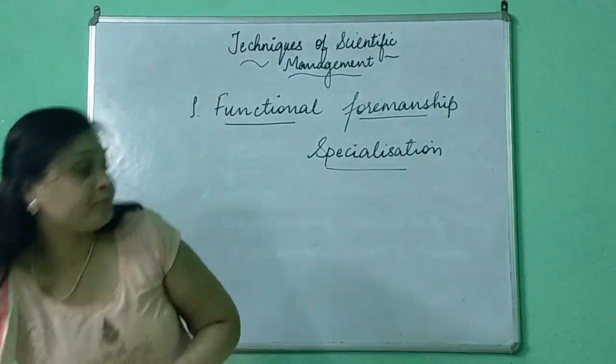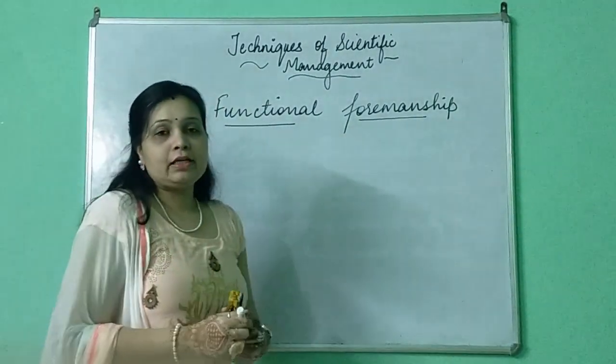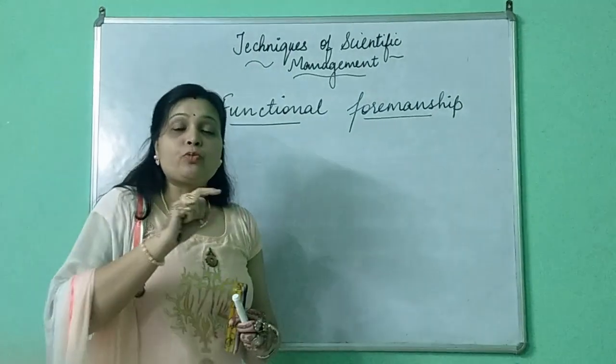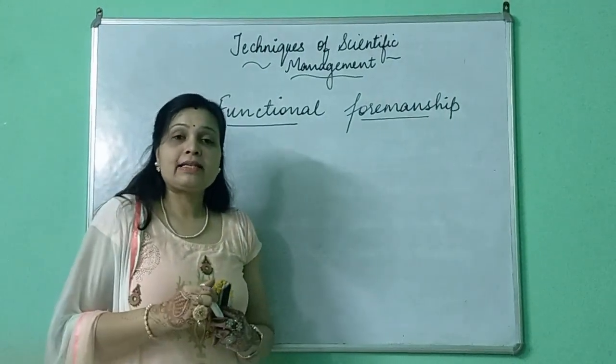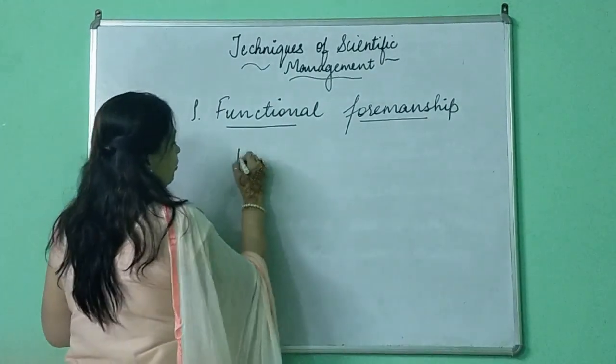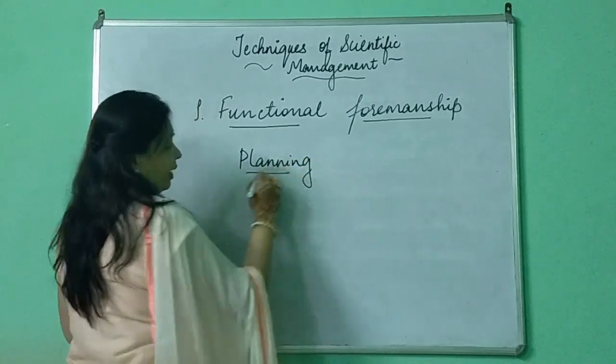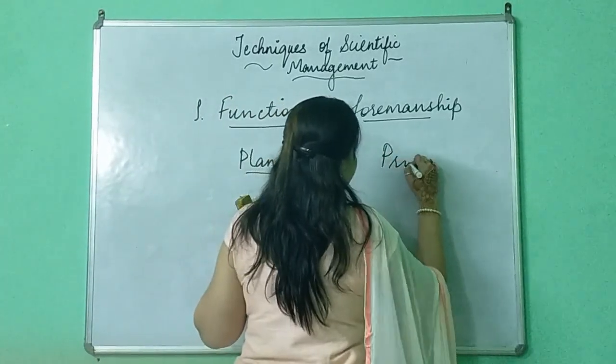So here, in functional foremanship, F.W. Taylor has divided the supervisory level into 2 departments. First is planning department and second is production department.